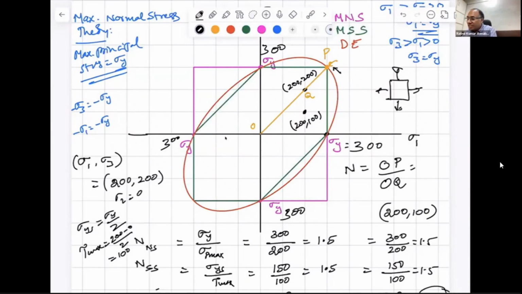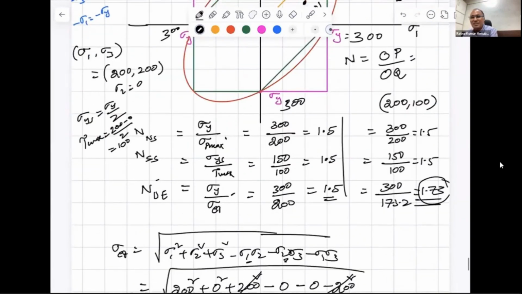Because on this line, the failure point for normal stress theory, shear stress theory, as well as distortion energy theory is happening to be the same point. All three failure surfaces are intersecting with each other. That is why you got the factor of safety to be the same.